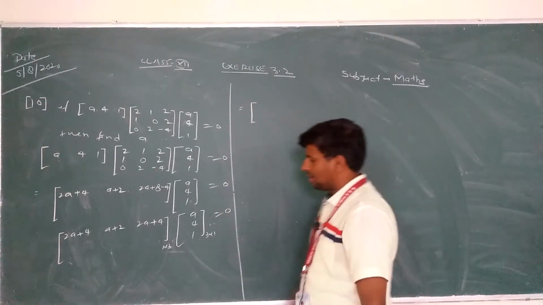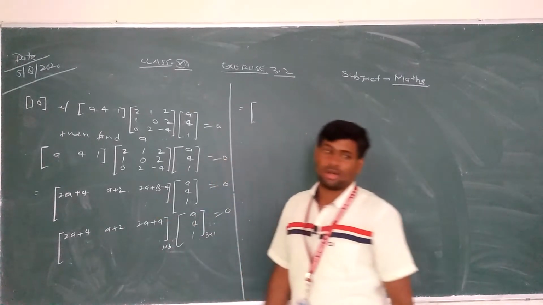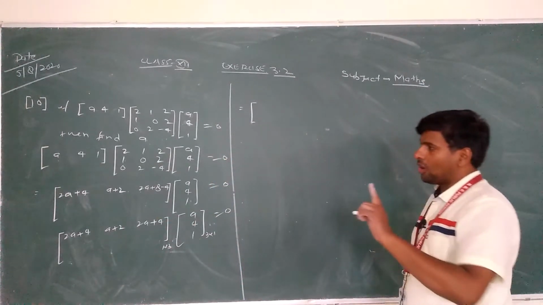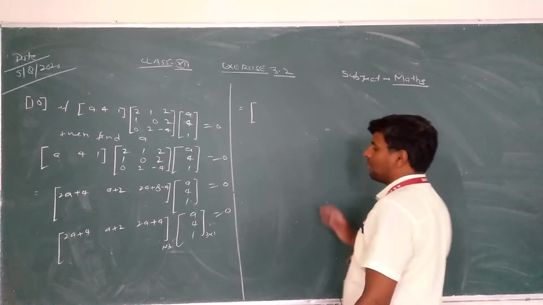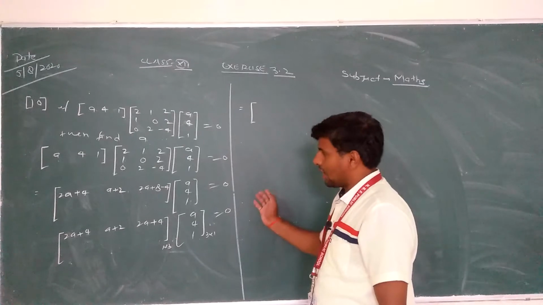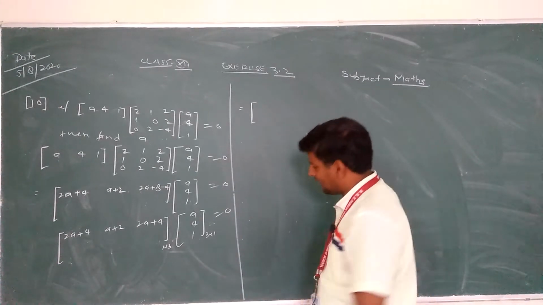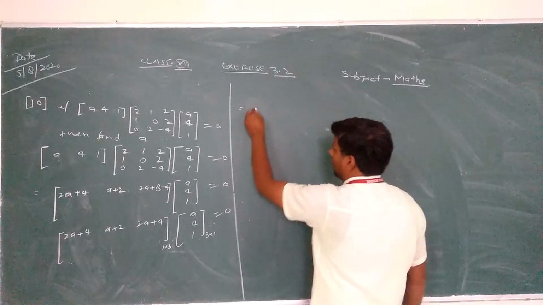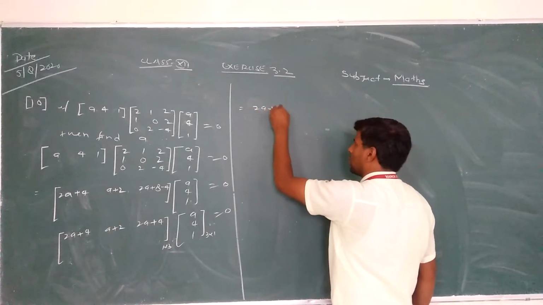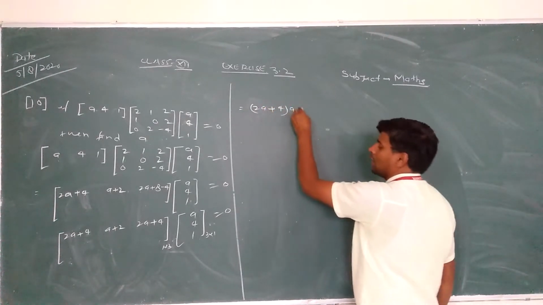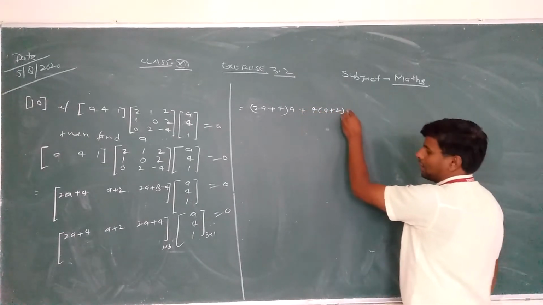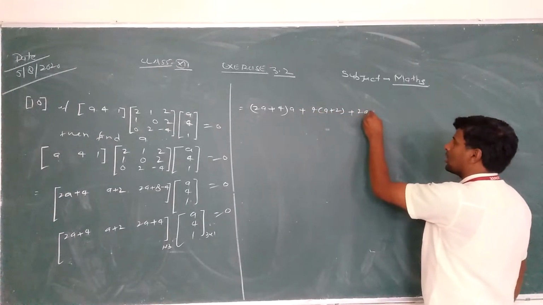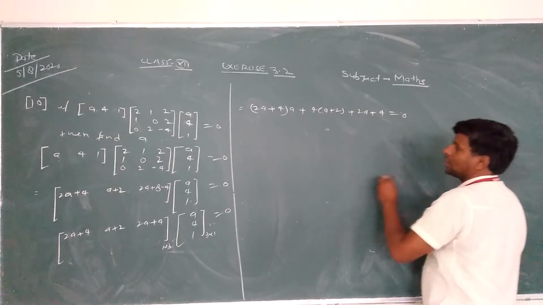First row and first column: only one row and one column gives one element. If one element is given, we have no need to write it in matrix form. So we can simplify it: A times (2A plus 4) plus 4 times (A plus 2) plus 1 times (2A plus 4) equal to 0.